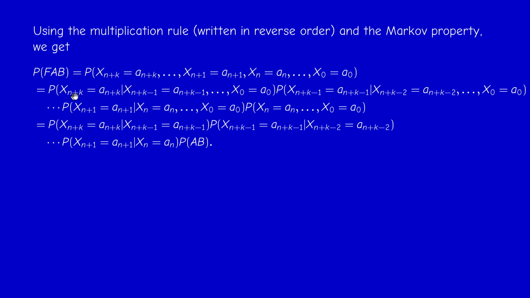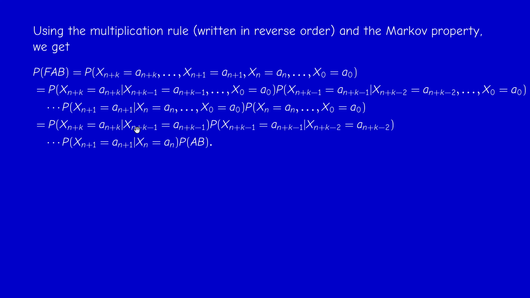So the first term is just equal to p of xn plus k equal an plus k given the previous event. So I can eliminate everything before. Same thing for the second term, etc., up to the last term. The last term is just the probability of the present and the past.